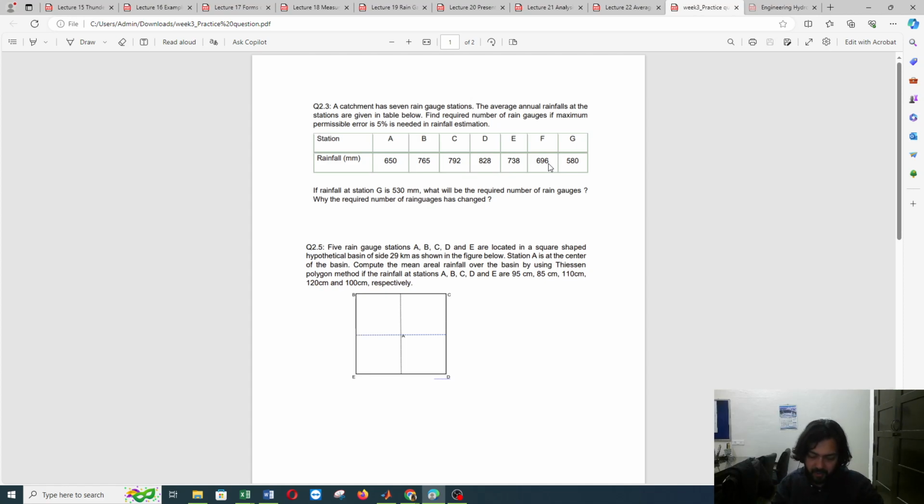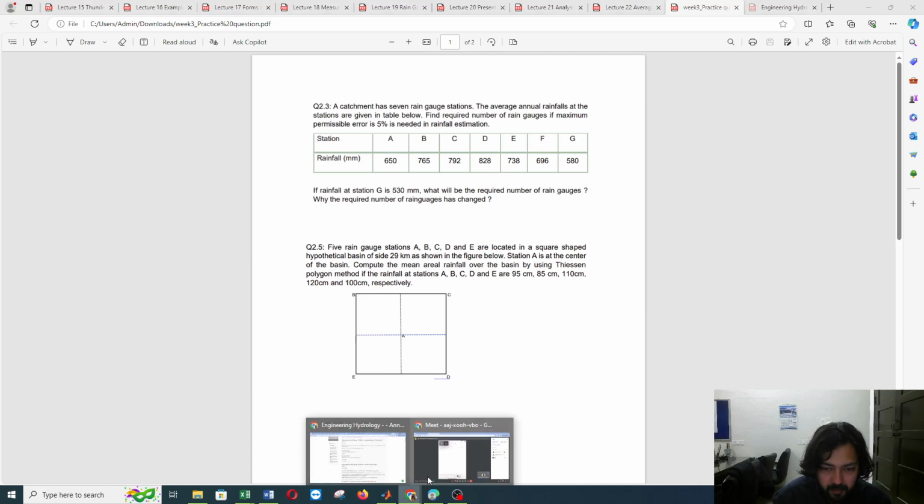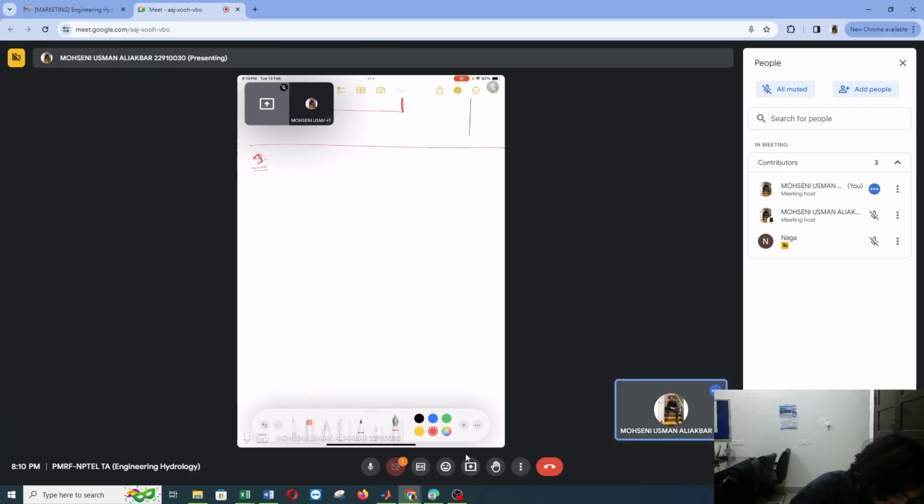So let us take the mean for the first case, that is when precipitation at G is 580 mm.